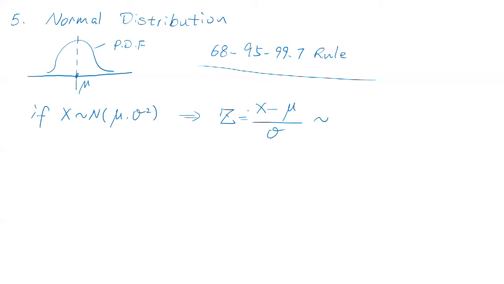This new random variable follows a standard normal distribution, right? For a standard normal distribution, we can check the SND table to find the probability that uppercase Z is less than or equal to any value.